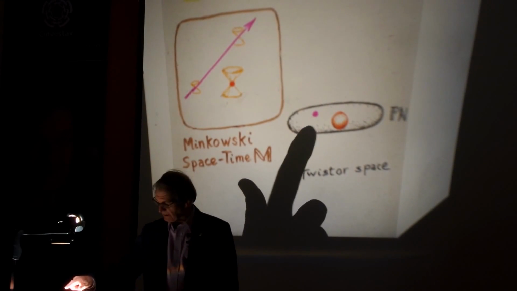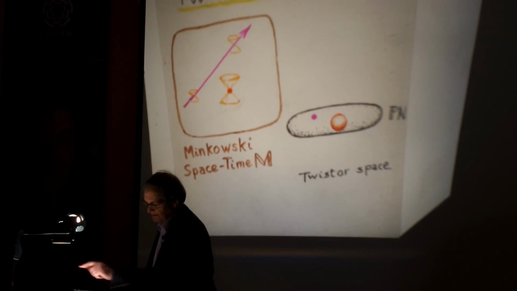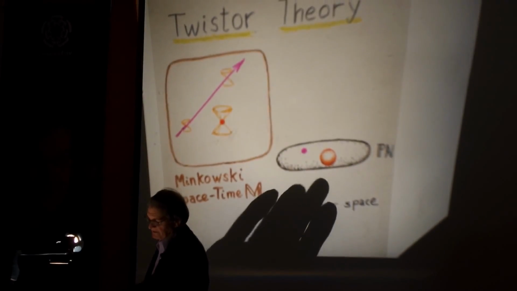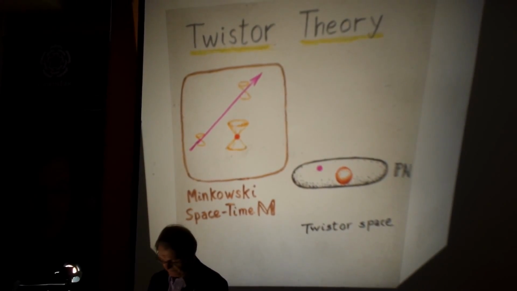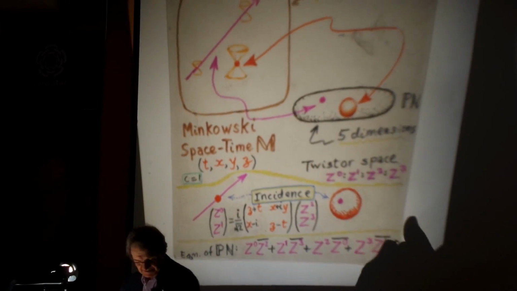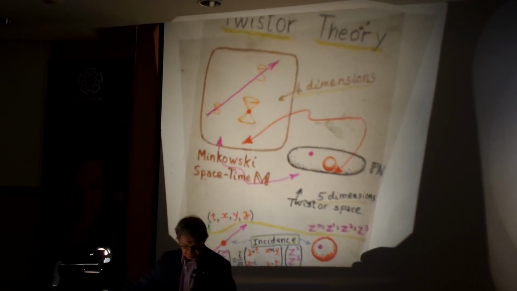But the light rays are points of this space, and the points of this space are Riemann spheres in this space. The idea is to try and make this space, the twistor space, a complex manifold of some sort. One starts by introducing coordinates, and then you have this condition relation here, which is part of the definition of PN.